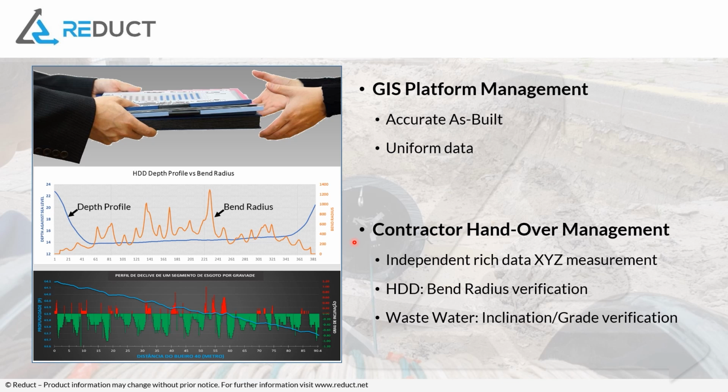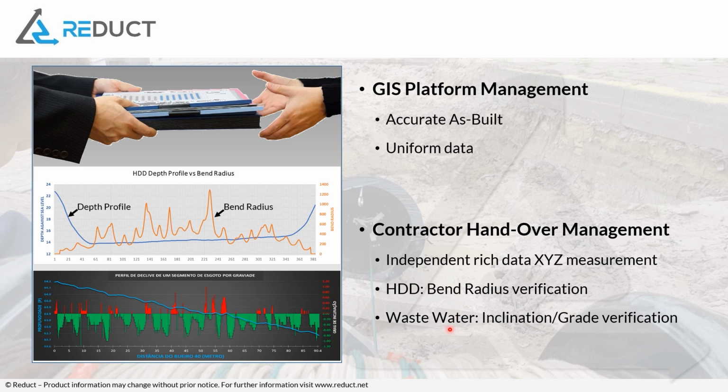It's better to have an independent technology decide whether the contractor's work is up to the specifications in the tender document. So for HDD, that can not only be the as-built, but it can also verify the bend radius of a particular pipe, which is a specification, for example, in pressurized pipes.